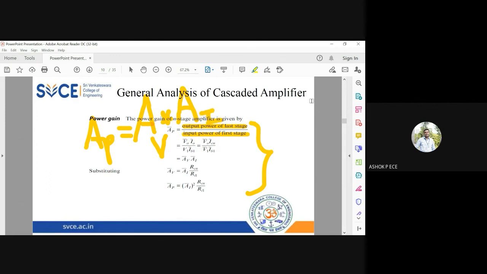If you multiply, we'll get the answer for power gain. Or if you want to find power gain using the formula, you can use it: AV is equal to AI into RCN by RI1. So the power gain is going to be AV into AI, so it is AI square into RCN by RI1. Okay, the individual power gains, if we know them, the overall power gain is going to be the product of individual power gains of your cascaded amplifiers.